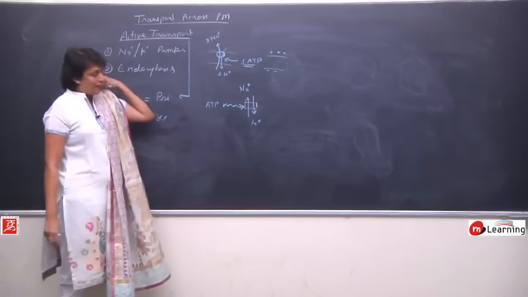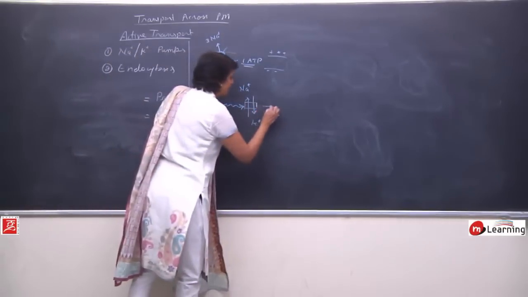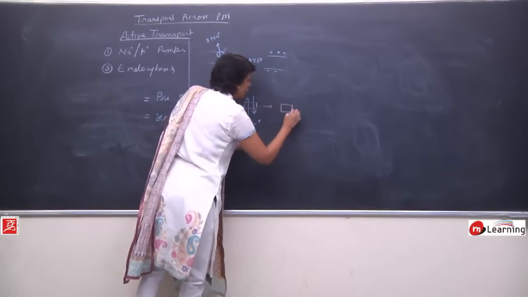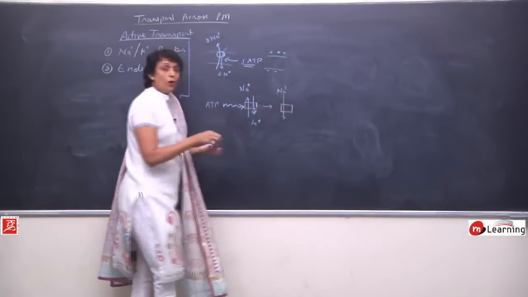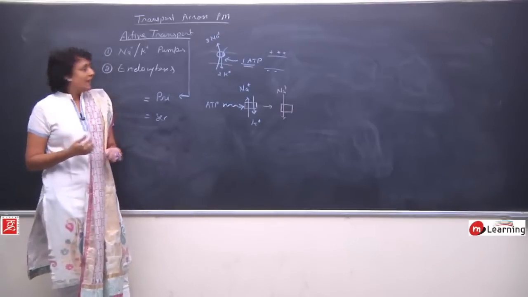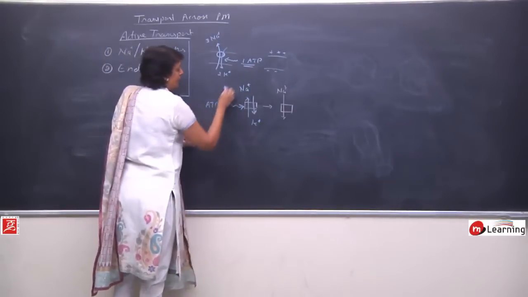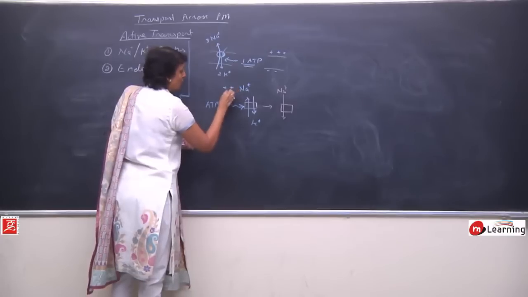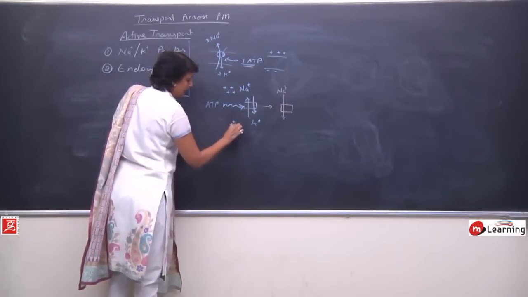Now, in the next stage, when these pumps bring sodium in, one more molecule comes along with it. Why is this sodium coming in? We said it is electropositive, so there are more positive charges outside as compared to inside.